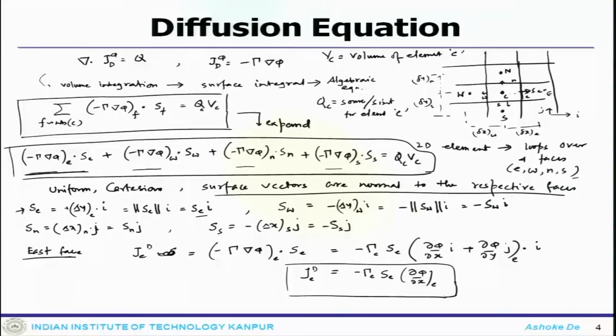Now we have an expression. We will continue this notation for all the faces, gamma e, gamma w, gamma n and gamma s. If there is homogeneity, they would be equal.